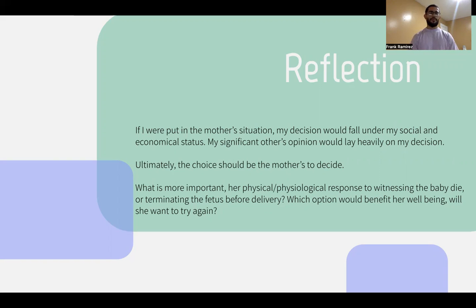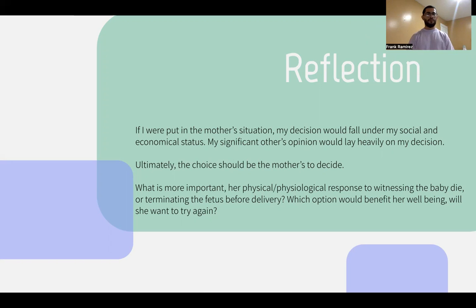What is more important, her psychological response to witnessing the baby die, or terminating the fetus before delivery? Which option would benefit her well-being? Will she want to try again? As I said before, it depends on the person themselves if trying, regardless of the potential diagnosis and ultimate ending in this situation, is worth her mental health.